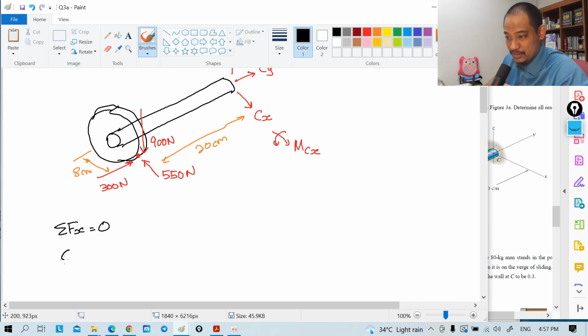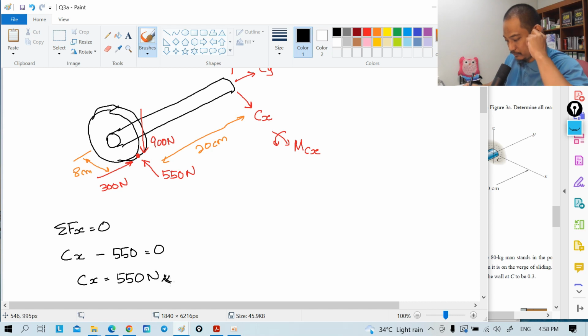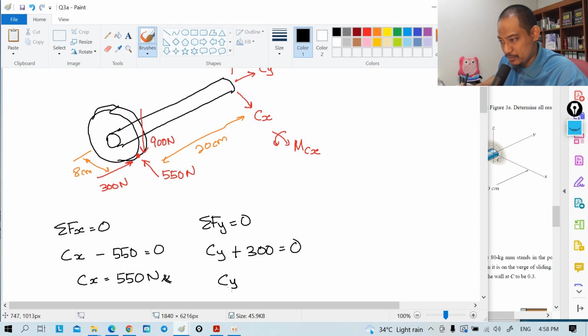Here you have Cx, and only one force in the x component, so Cx minus 550 equal to 0, so Cx equal to 550 Newton. Then summation of Fy equal to 0. You have Cy and positive 300 equal to 0, so Cy equal to negative 300 Newton.